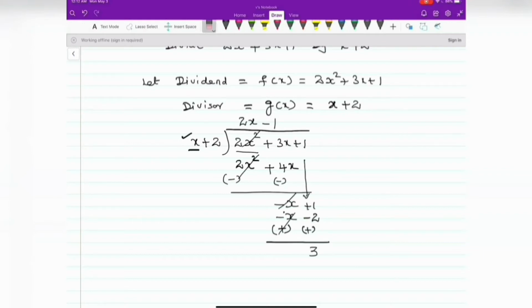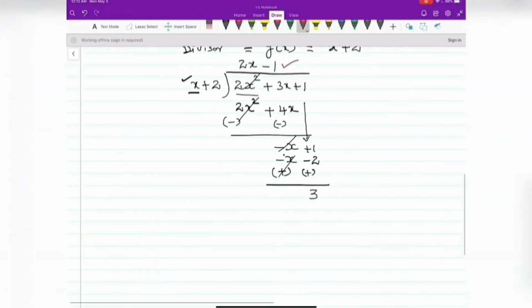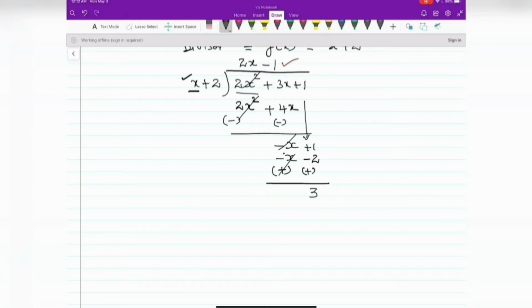Okay, let me take this quotient, what I got here as q of x. Let me write over here, let quotient is equal to q of x is equal to 2x minus 1 and remainder is equal to r of x. I am getting it as 3.